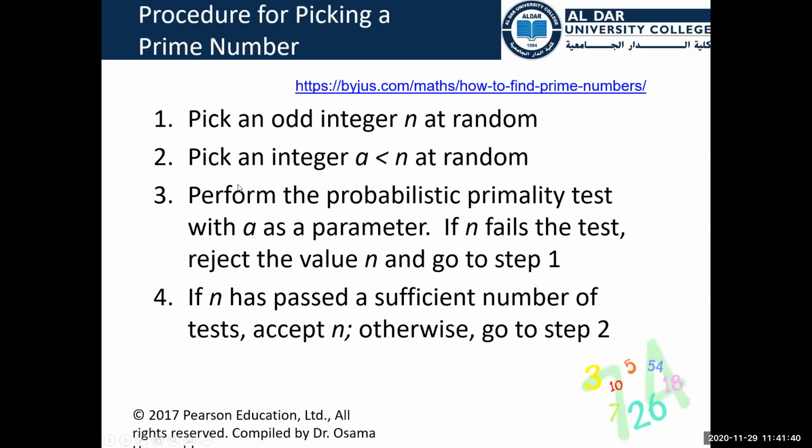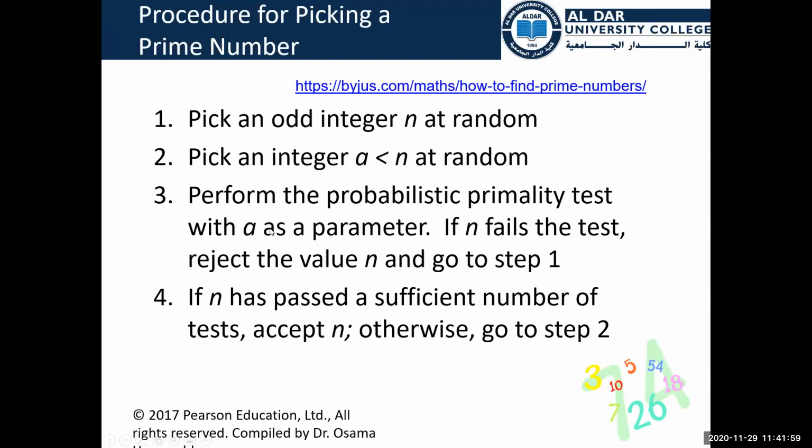If you want to see whether a number is prime or not, you have to apply this algorithm. You pick an odd integer n and pick another integer a, less than n, at random.